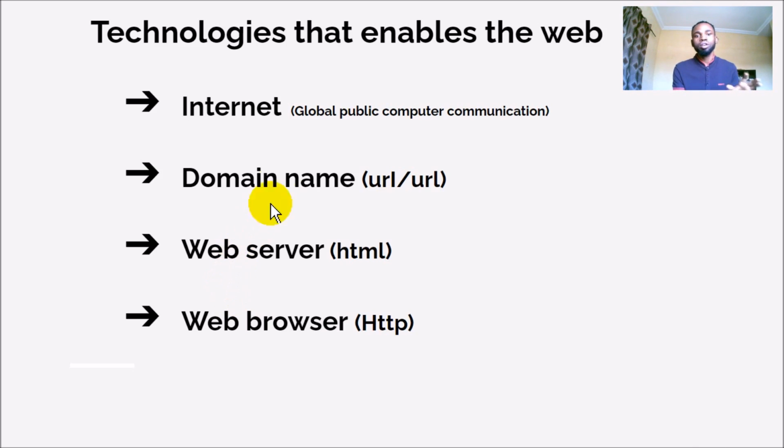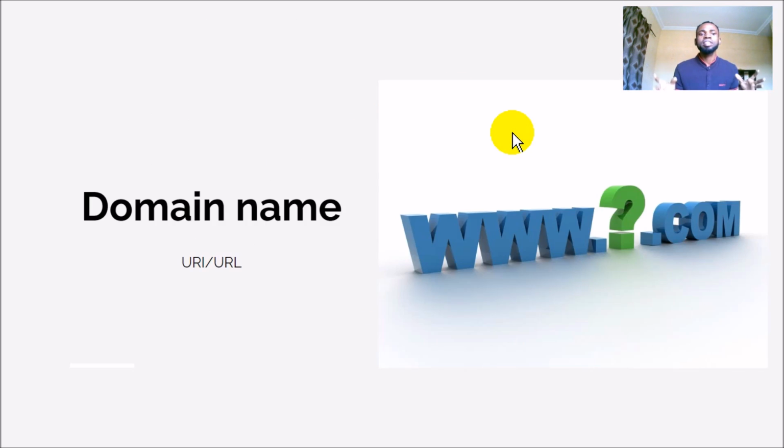Having understood the internet, let's go deeper to understand more about the domain name, the web server, and the web browser, how they all work, and how all these things are linked together to enable us the online world.